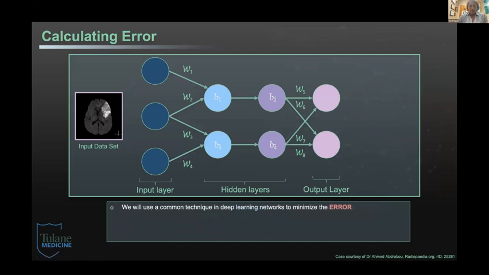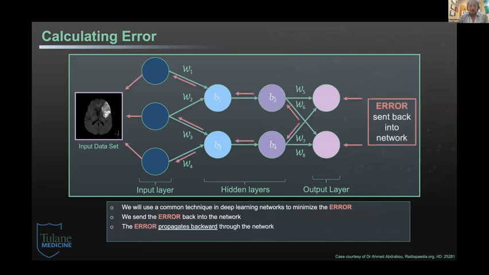We're using a common technique in deep learning networks to minimize the error. We'll send the error back through backpropagation into the network, and then we're going to adjust the weights and biases.